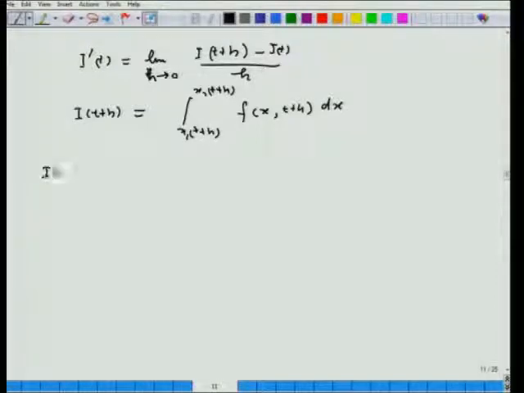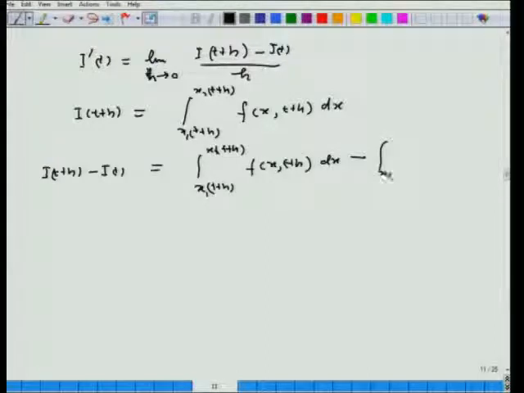So I(t plus h) minus I(t) will be the integral from x1(t plus h) to x2(t plus h) of f(x, t plus h) dx, minus the integral from x1(t) to x2(t) of f(x, t) dx.